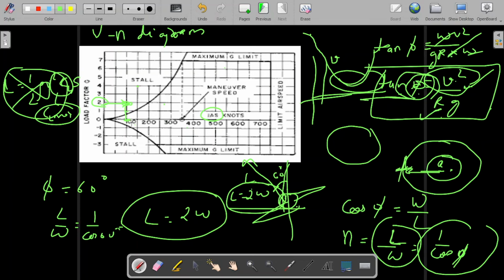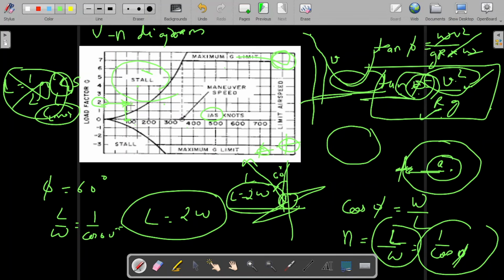So you'll just understand that the aircraft has to fly within this region, and if the aircraft flies within this region, the structural integrity of the aircraft will be maintained. If the aircraft is flying in this region, it will stall and fall, and if it is flying in this region, there is a high chance of failure of the structure, because the aircraft is designed to operate within this limit only.